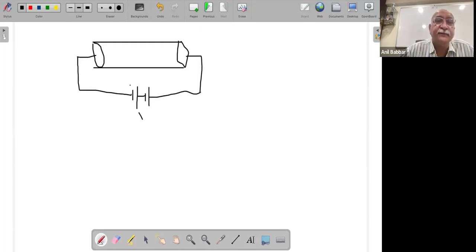This is the source of voltage, and let's say the length of this conductor is L, and A is its area of cross section.